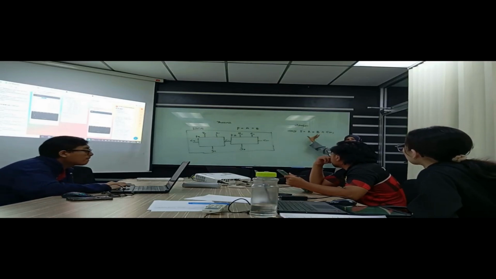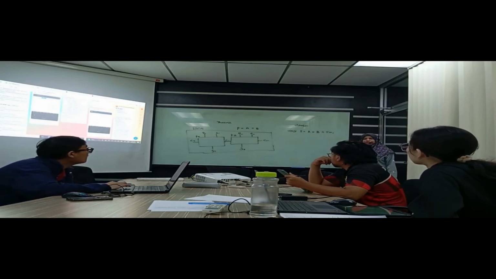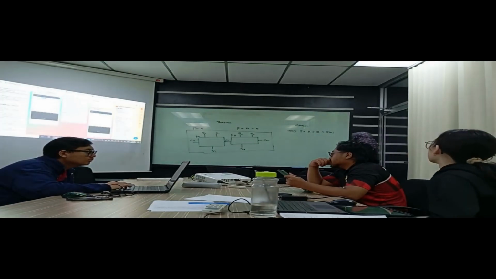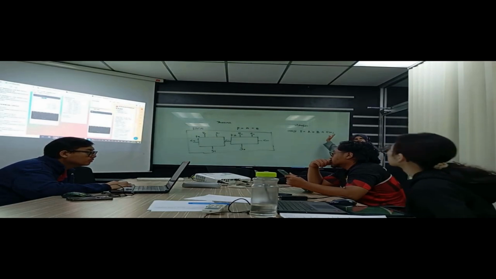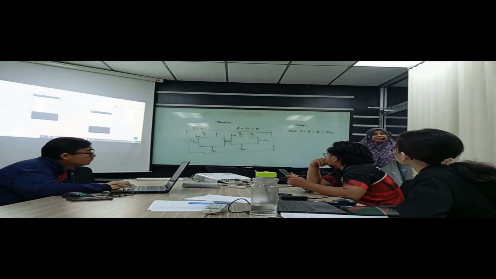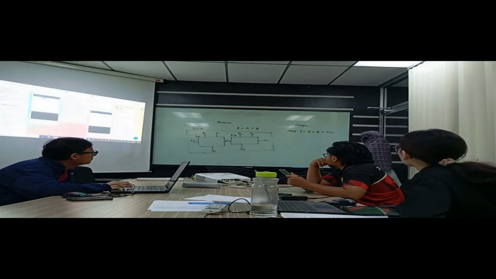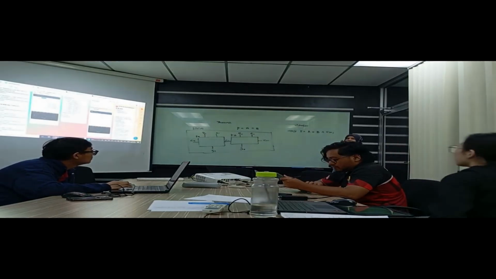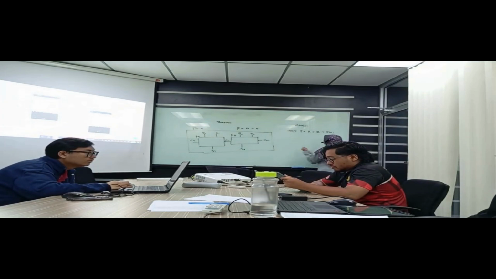A and B are 4 bit. Do you agree this is the answer, or do you want to do some modification? Maybe the output F, and separate it into sum and carry. Okay, very good. So you can do it this way as well.